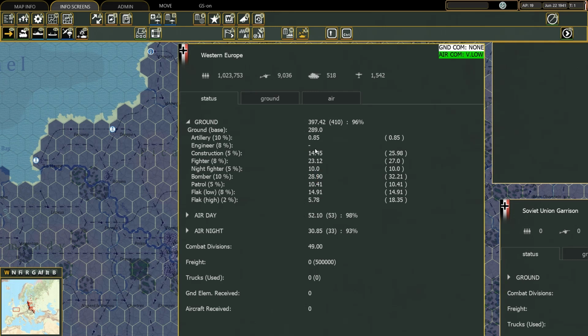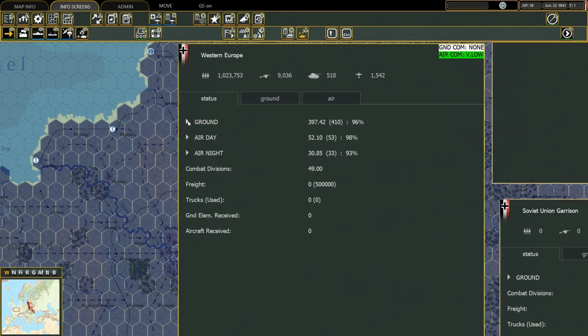The maximum that you can use of the construction units is 25.98, unless you bring in more construction units. So hopefully this is clear. If it's not, drop me a comment or a question here below, and I'll be happy to answer for you.